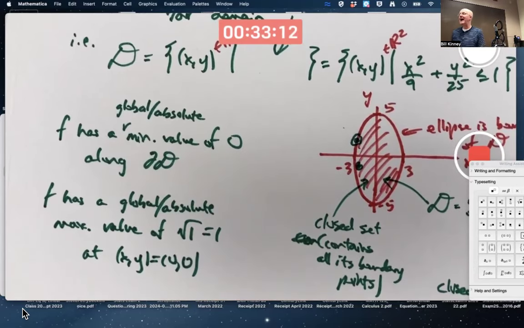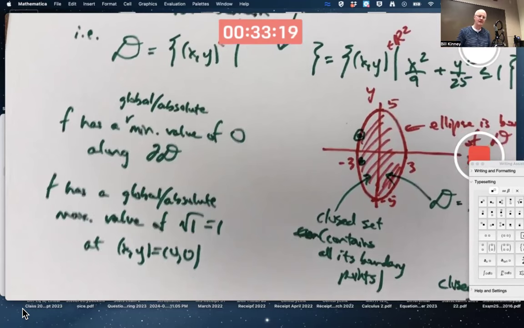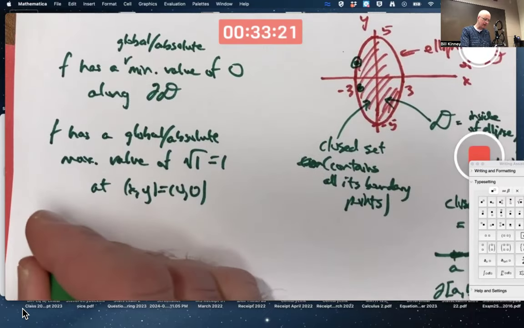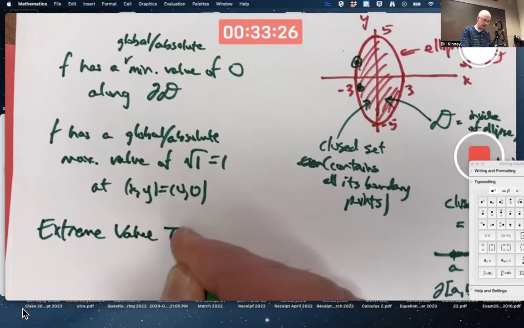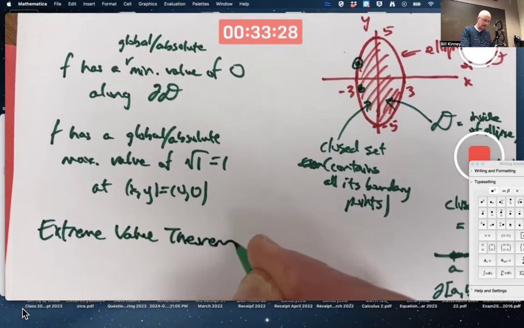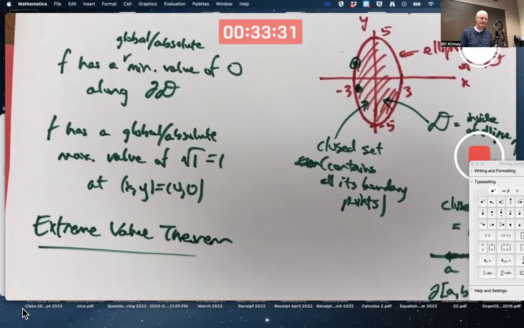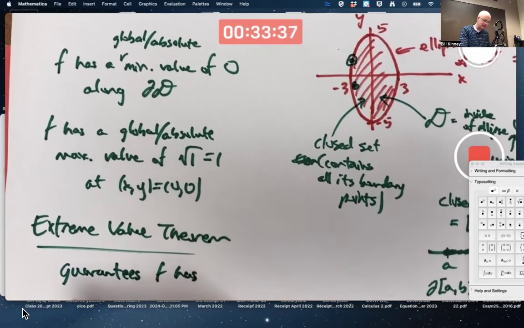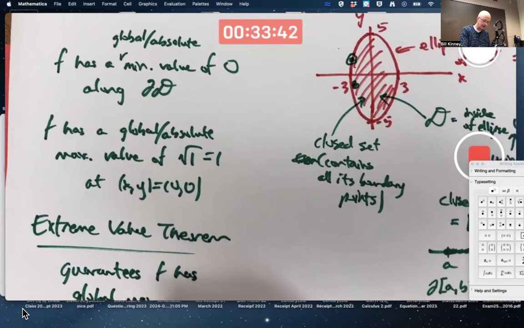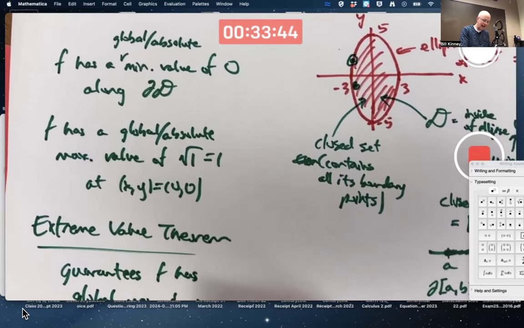That it's got a global max and min value is guaranteed by a very important theorem called the extreme value theorem. I'm not going to write it out, but I want to emphasize that that guarantees F has a global max and min value over D. What does it say?